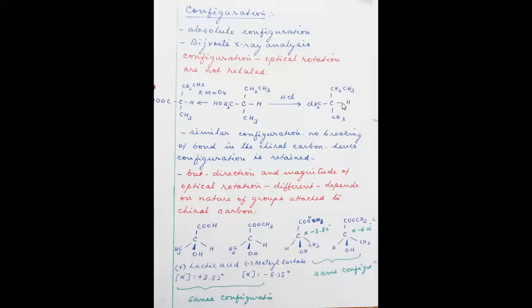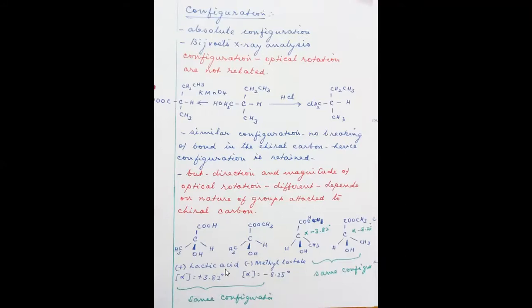The configuration of all the three molecules is the same. Similar configuration, no breaking of bond has taken place. So configuration is retained, but optical rotation is changed. Optical rotation depends upon what group is present here, right? So the direction and the magnitude of the optical rotation is different for all the three compounds, but their configuration is the same.